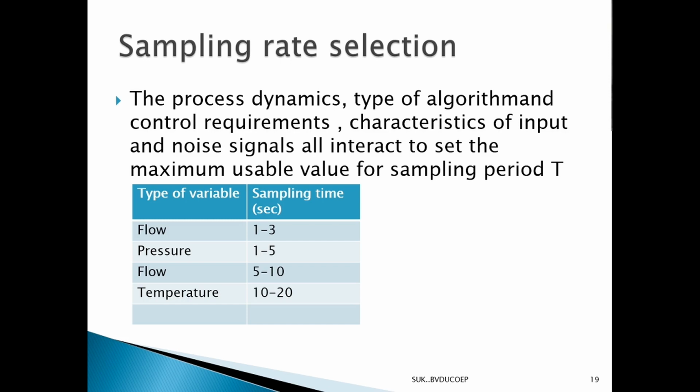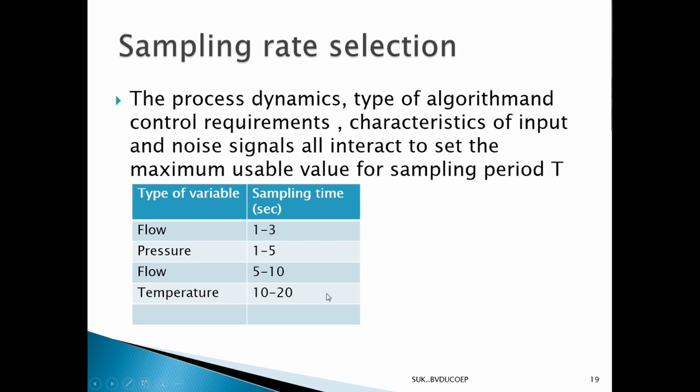For a flow variable, you can have sampling at every 1 to 3 seconds. For pressure, you can have a sampling time of 1 to 5 seconds. For level, you have 5 to 10 seconds. For temperature, because temperature is a slowly varying signal, it cannot change continuously or fast.